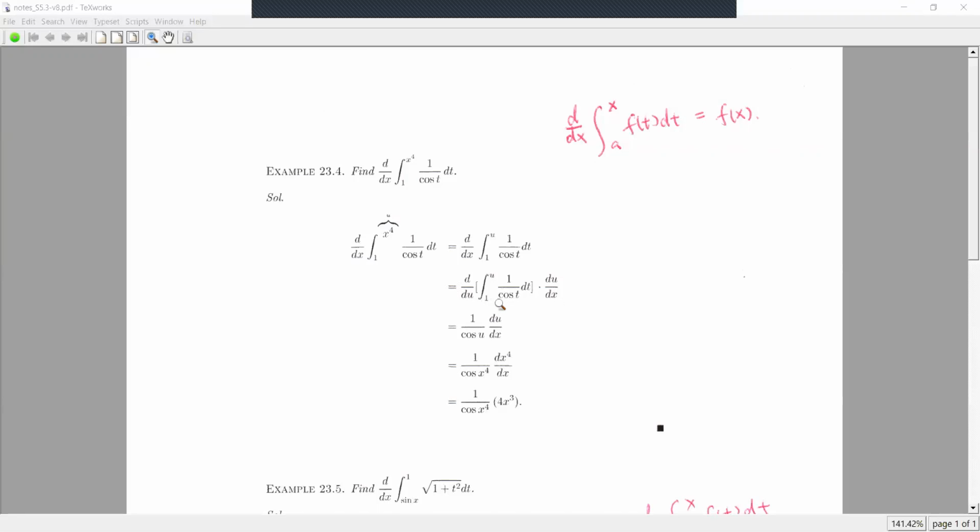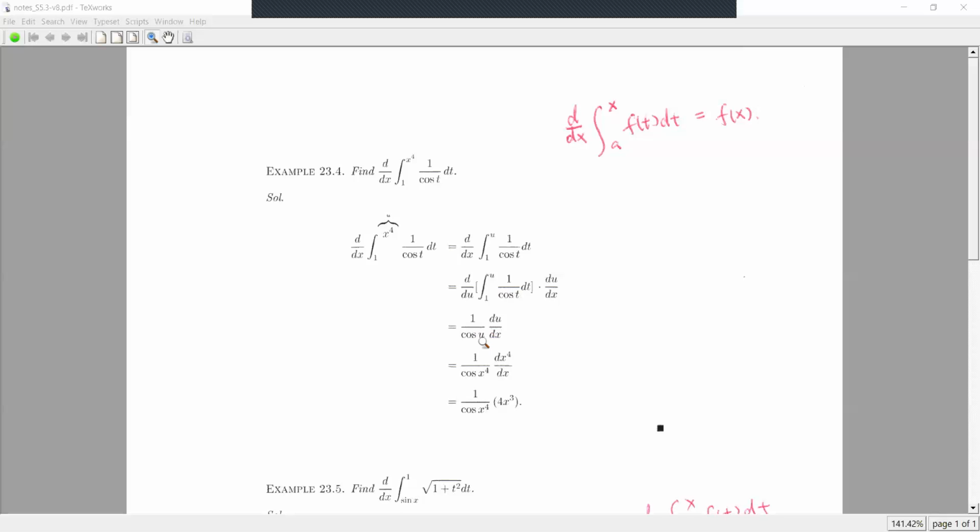For this derivative, now I can apply the formula. By formula, derivative and integral cancel, and plug in u in t here. Then we get this equation. Don't forget, u is a temporary variable.